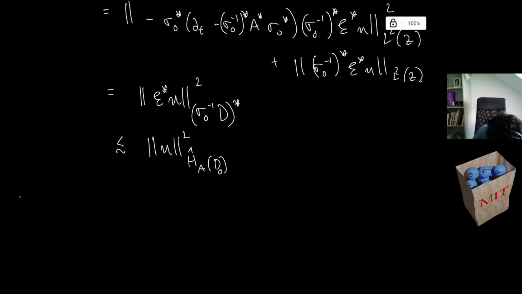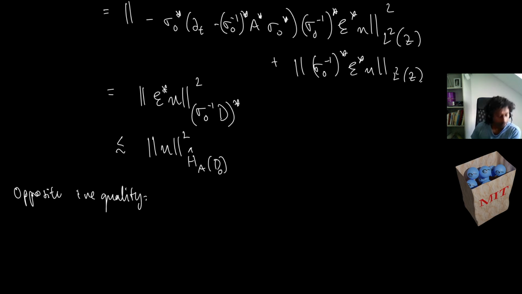So for the opposite inequality, we use E tilde of u equal to e to the minus t modulus A tilde of u.